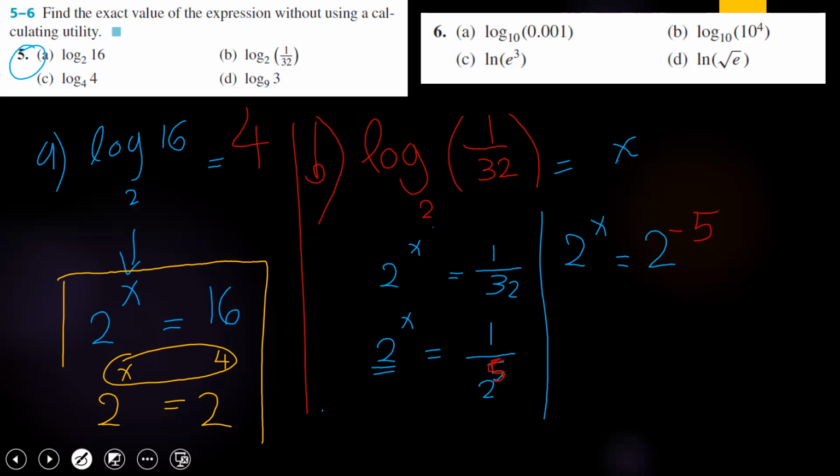Then look at them here: we have the same bases, as you see. Since we have the same base, I can find x. So the value of x is negative 5. So logarithm to the base 2 of 1 over 32 is negative 5.